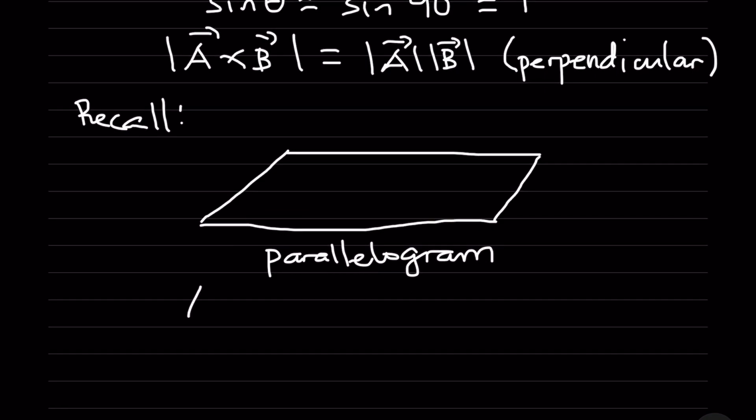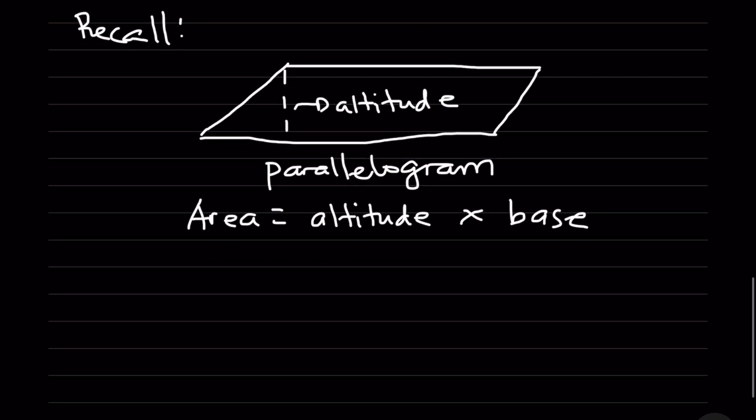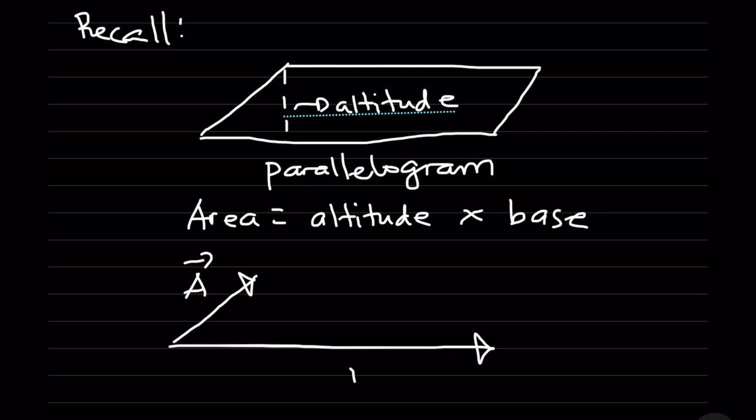Now, this is the geometric definition of the magnitude of the cross product. Remember that if we have a parallelogram, we can find the area of the parallelogram by getting the product of the altitude of the parallelogram and its base.